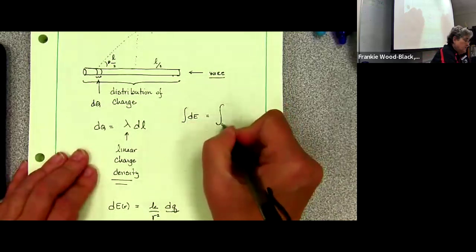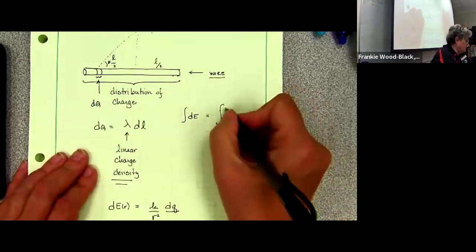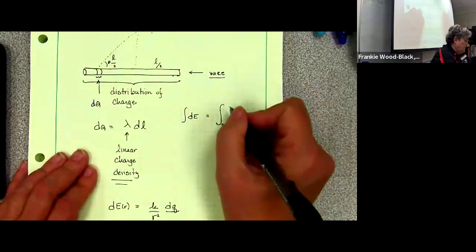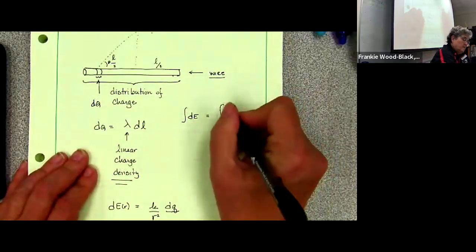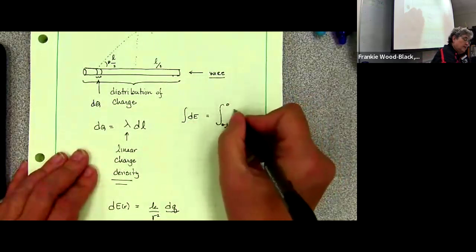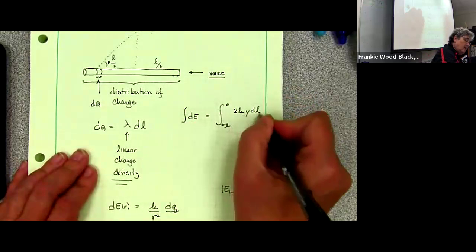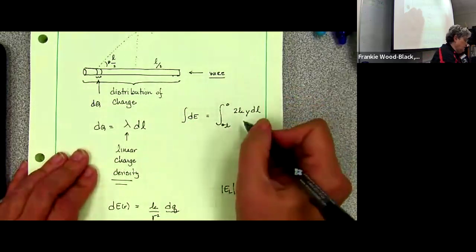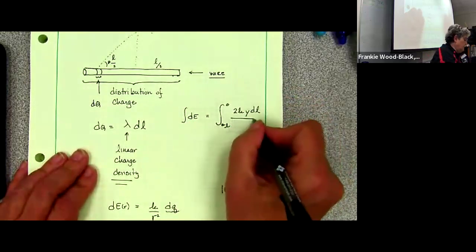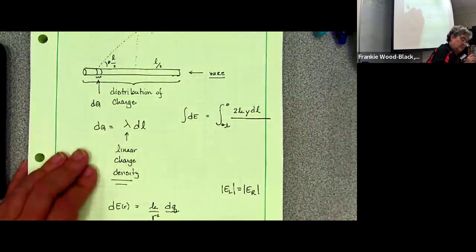And then we can set up our integral. It's going to go from 0, or we can go from minus L to L, but it goes from 0. Oh, let's do it from minus L to 0. And I get 2K y dL. And so that gets us into that part.